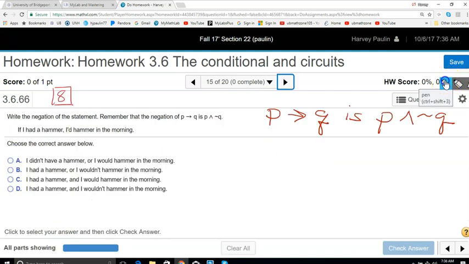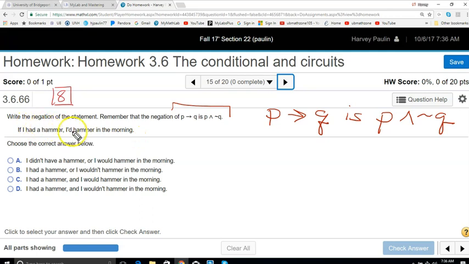Now in number 8, we go into an old folk song. Write the negation of the statement. And here they're stating how to do it, and I've written it bigger. If I had a hammer, I'd hammer in the morning.